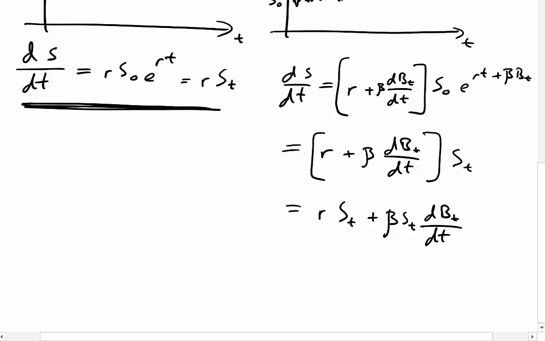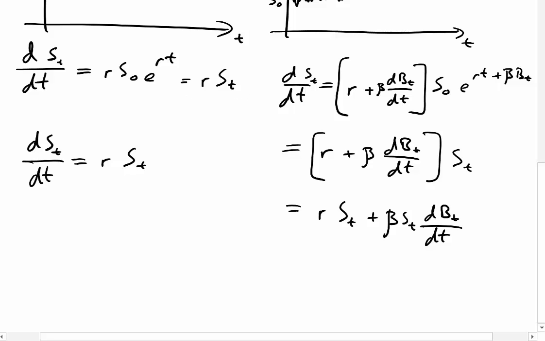So, dSt with respect to t, I'm just going to rewrite it out first of all, equals r St, just equal to that thing. Well, what differential form is, it's basically writing it in such a way. It's a bit like when we're doing separation of variables for ODEs. If you go back and watch my ODE videos, basically what we try and do is we treat this as a fraction.